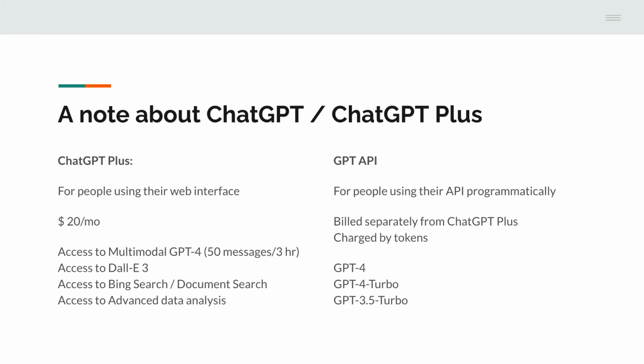And all these more advanced features are available for $20 a month. To me, and I think if you do coding on a regular basis, this will be the best $20 that you can ever spend. And then if you want to programmatically use the ChatGPT API, then it is billed separately, and it is API accessible only.